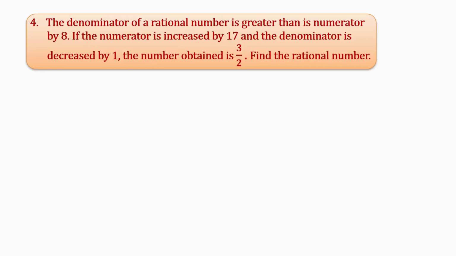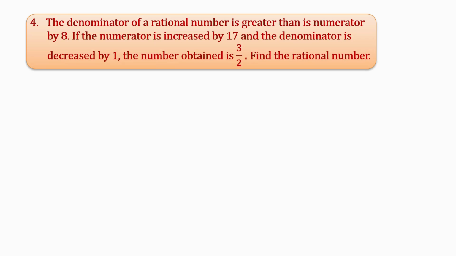Now another word problem. The denominator of a rational number is greater than its numerator by 8. If the numerator is increased by 17 and the denominator is decreased by 1, the number obtained is 3 by 2.